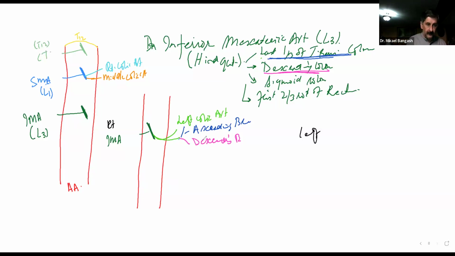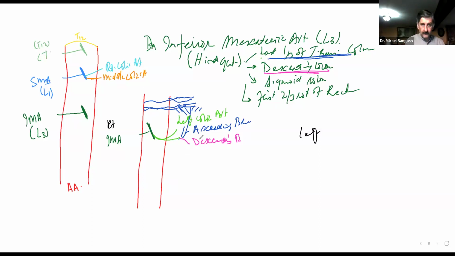If you look up here, for instance, that will be your transverse colon. So that ascending branch will go up and supply the last 1/3 of your transverse colon.